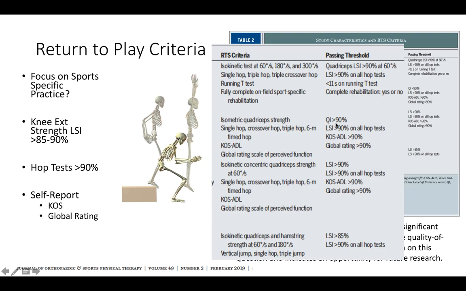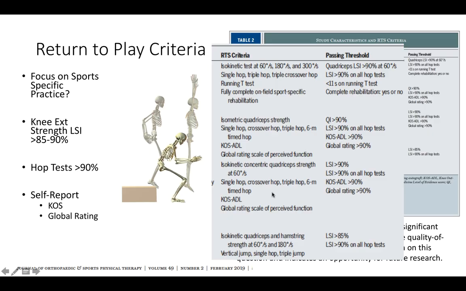Another, here we see the quadriceps index again, which is similar to the limb symmetry index, and then a hop test, a different patient-reported outcome, global rating, and again, isokinetic strength testing, hop tests, global rating, and knee outcome score. And so these different criteria are what's used to guide return to play.